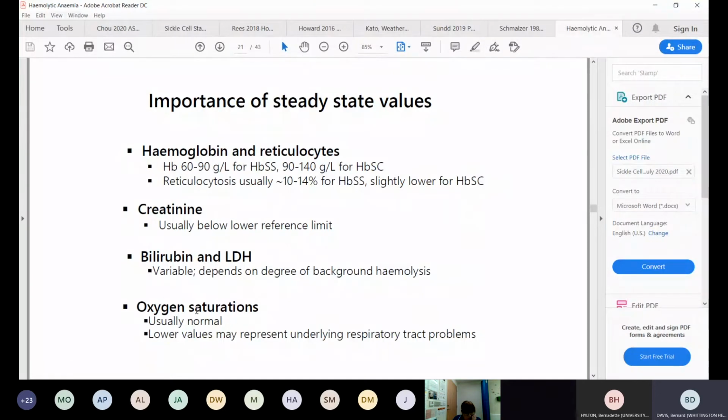I'll mention oxygen saturation. Bear in mind that these patients should normally have normal oxygen saturation. So if you see someone with a low oxygen saturation, then think carefully. That is not a normal situation, and it may represent the presence of underlying problems that you need to attend to.